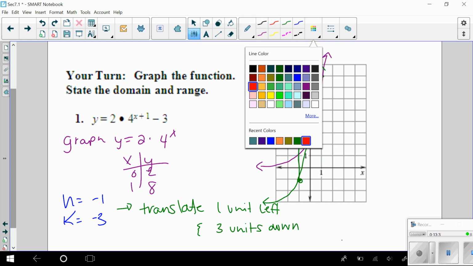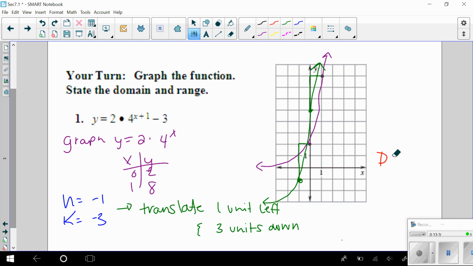Our domain actually doesn't change. Our domain is still all real numbers, but our range does change. So now our range, instead of being y is greater than 0, becomes y is greater than -3, because that's our k value. That's the lowest horizontal value that we're going to have for this graph.